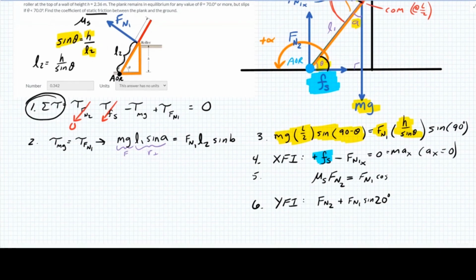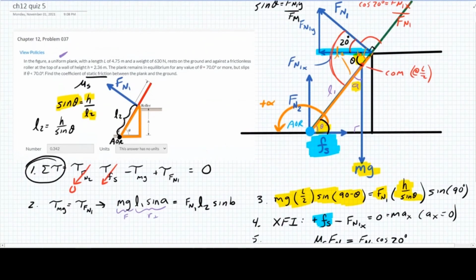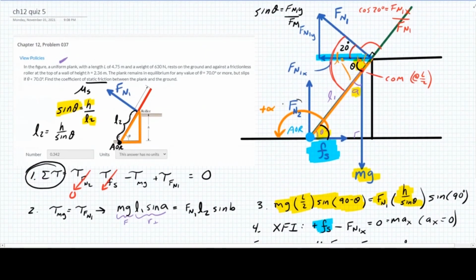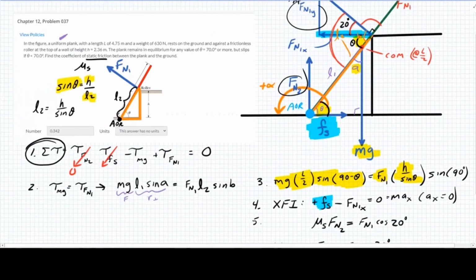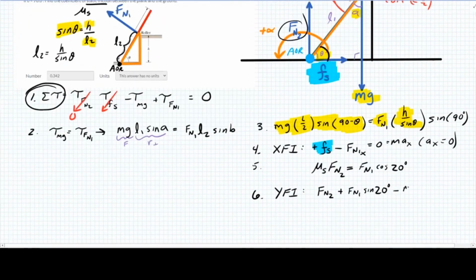Okay, so almost a mistake there. All right, so in my Y force inventory, I have these two forces going up, Fn2 and Fn1y. And then I have mg coming down, minus mg equals 0.